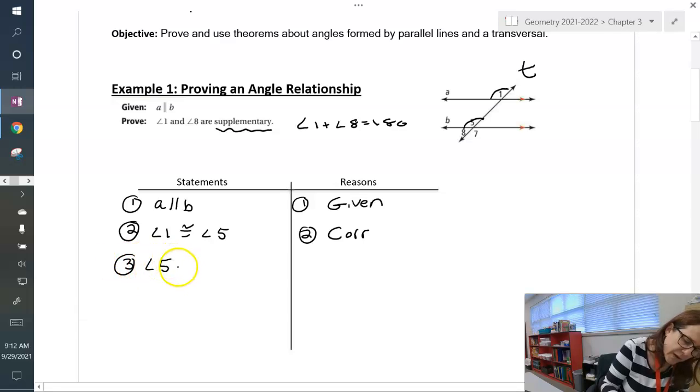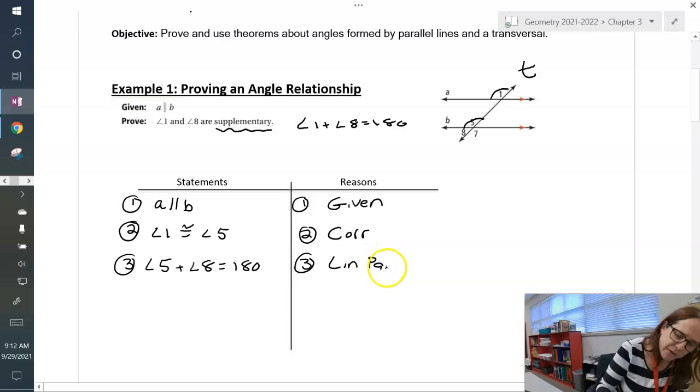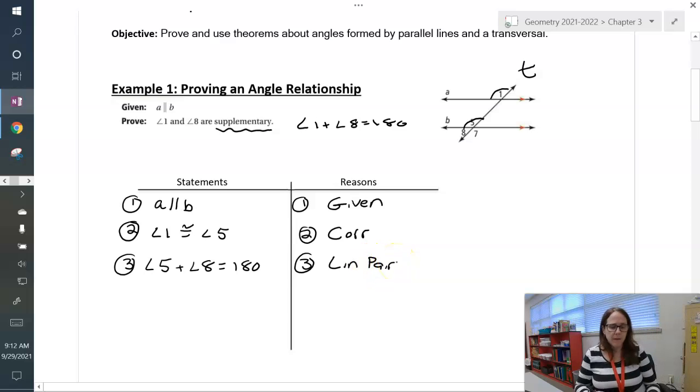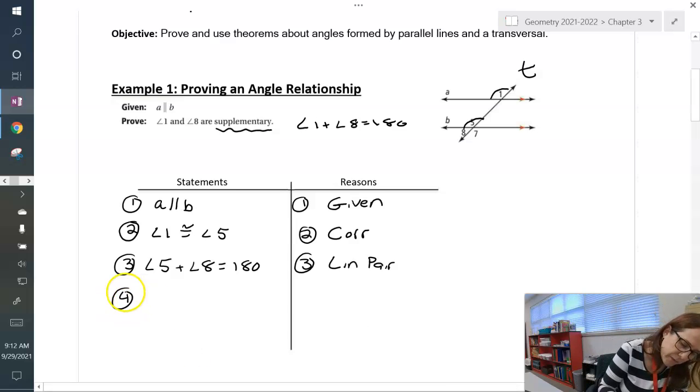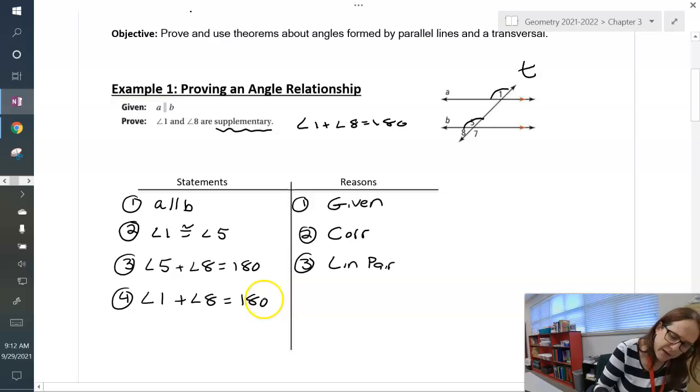So angle 5 plus angle 8 equals 180. And that's the linear pair postulate. Now I can substitute 1 in for 5. So angle 1 plus angle 8 equals 180. And that's just substitution.